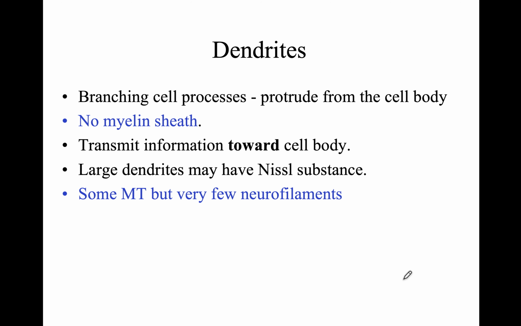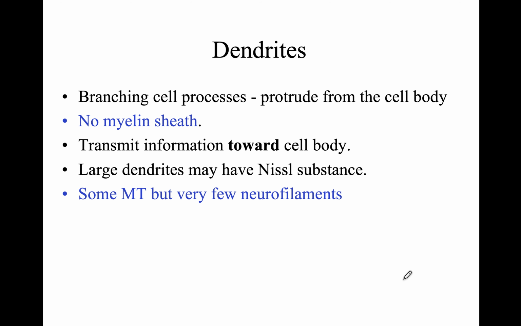Dendrites are branching cell processes, and usually they protrude from the cell body. There is no myelin sheath. A very important thing: they transmit information toward the cell body. So the axon transmits information away from the cell body, whereas the dendrite transmits information toward the cell body.